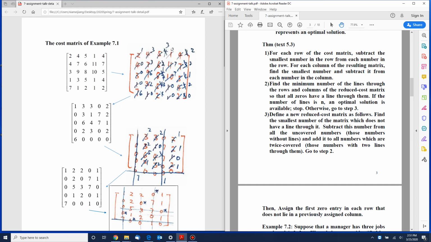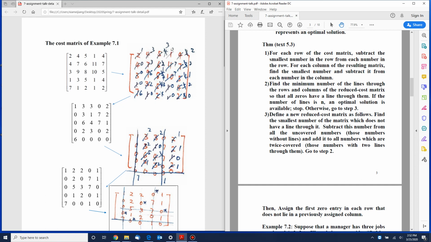We find the minimum number of lines through the rows and columns of the reduced cost matrix so that all zeros have a line through them. If the number of lines is n, an optimal solution is available and we can stop. Otherwise, go to step 3.